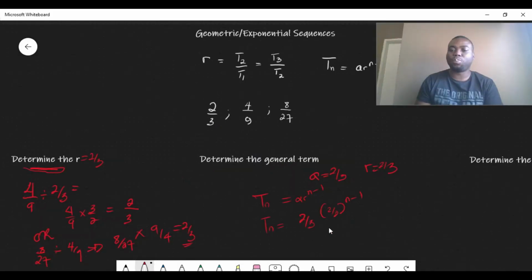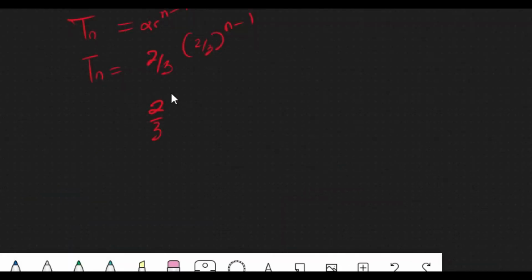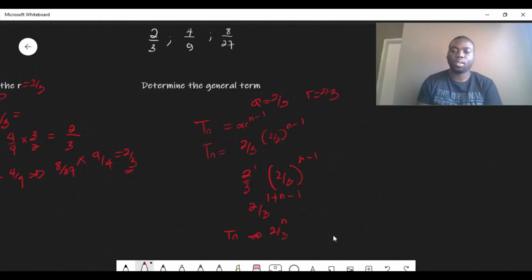This is perfect like this. This is your final answer. But if you want to simplify a little bit better, you would need to use the laws of exponents. And this would be your final answer.